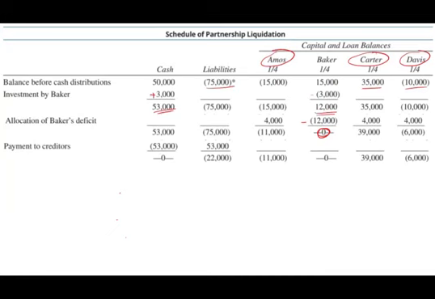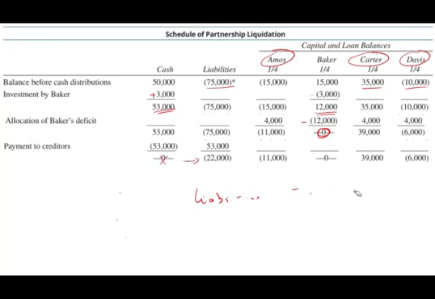Therefore, we're going to debit liabilities, whatever those liabilities are, $53,000. We're going to credit cash $53,000. Notice now cash is 0. We no longer have any cash, and the liabilities are $22,000.